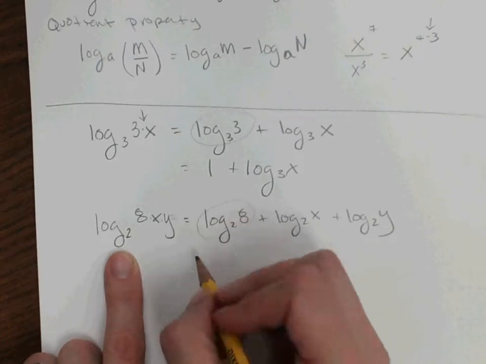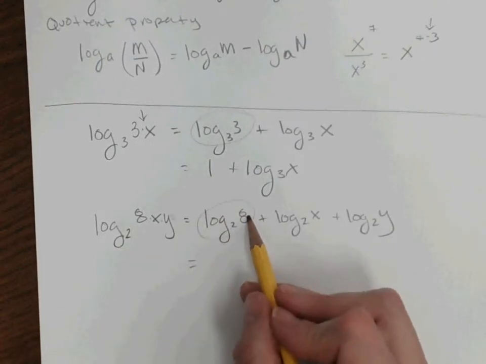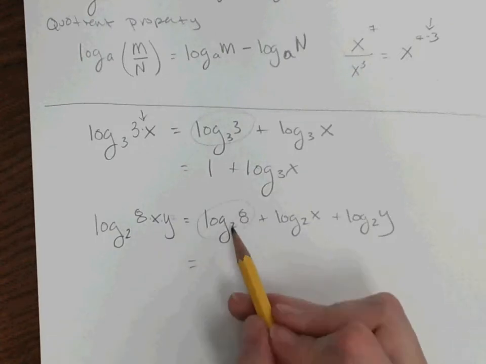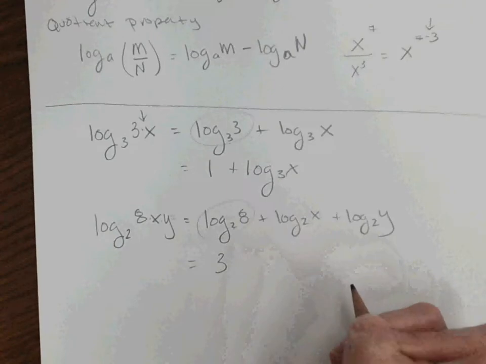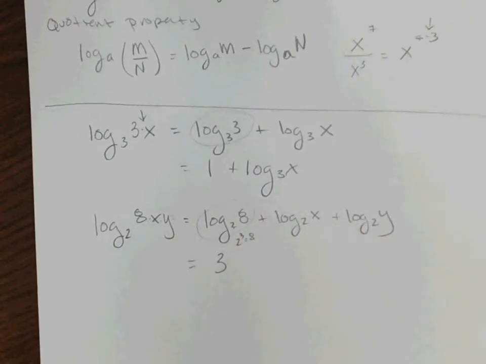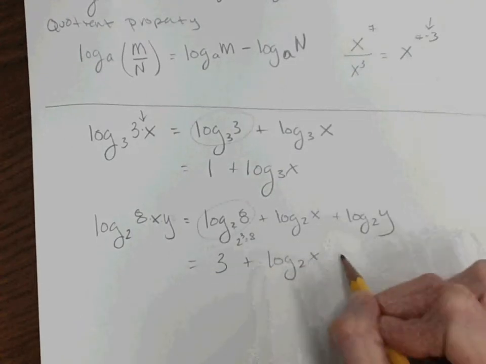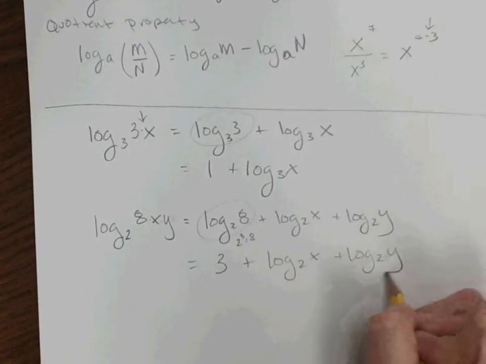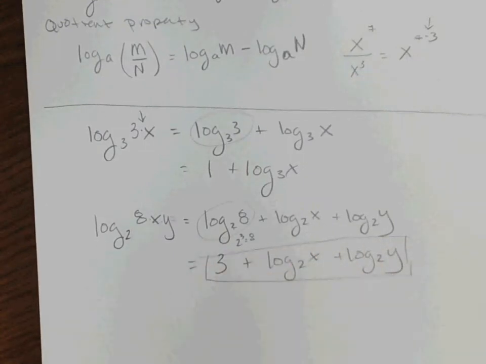This one right here is something special though, right? Log base 2 to what power is equal to 8? Remember, that's all that this question is asking. 2 to what power is equal to 8? And that's 3. Because remember, 2 cubed is equal to 8. So I've got 3 plus log base 2 of x plus log base 2 of y. Nothing else there simplifies, so this is my answer.